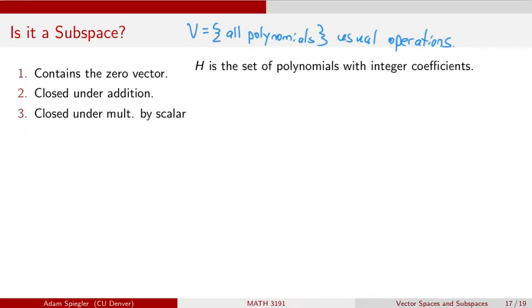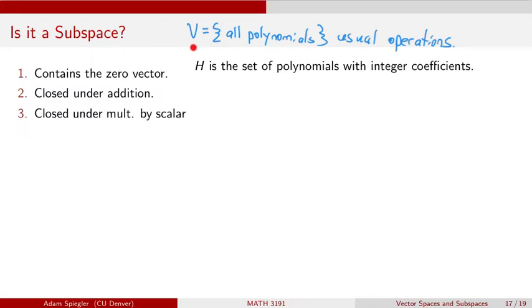So for example, we've already taken a look at a vector space of polynomials that had at most degree 2 with our usual operations, and we verified that that set and those operations satisfy the axioms for a vector space.